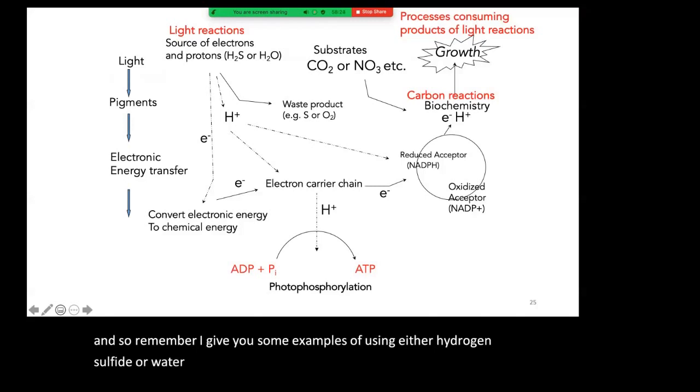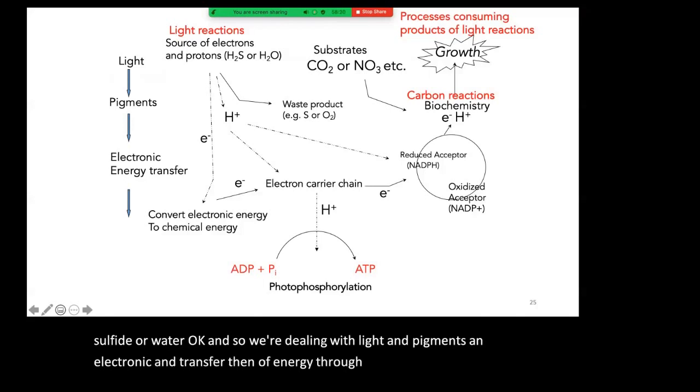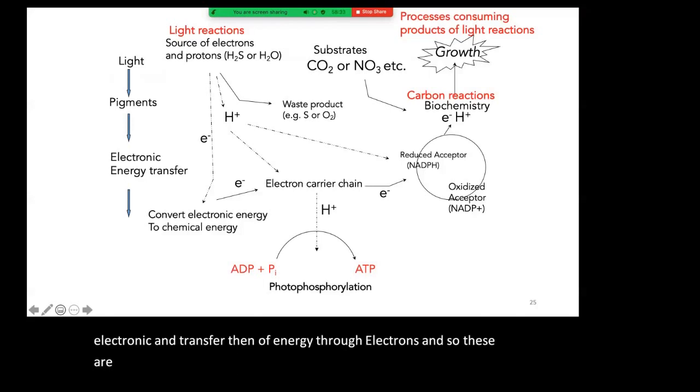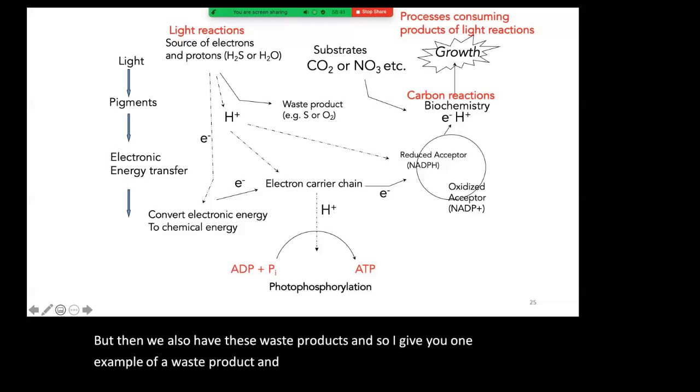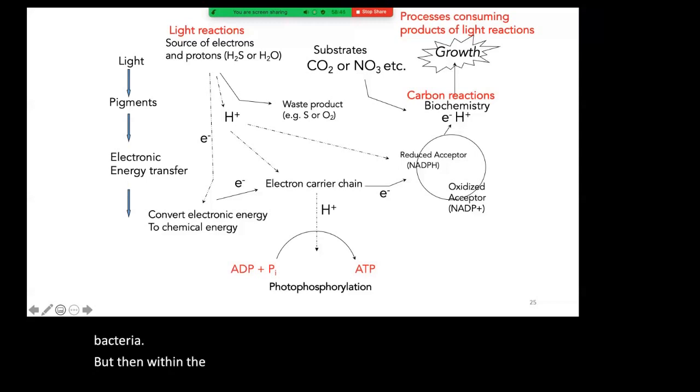And so we're dealing with light and pigments and the transfer of energy through electrons, okay? And so these are all pieced together via the electron carrier train, but then we also have these waste products. And so I gave you one example of a waste product, and that was sulfur, okay, sulfur producing bacteria. But then within a lot of the higher plants, the waste product here is oxygen, right?